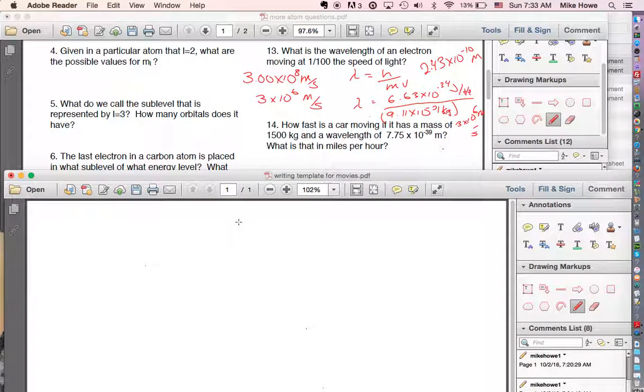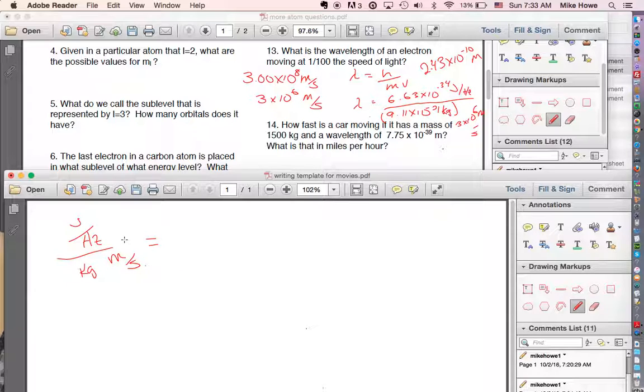The units on this thing, you have joules per hertz on top, and that was divided by kilograms and meters per second. Okay, so those are all of our units.